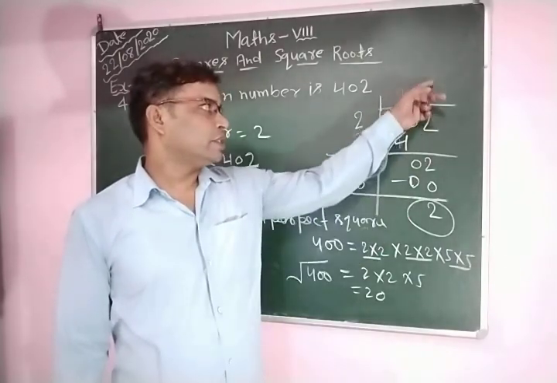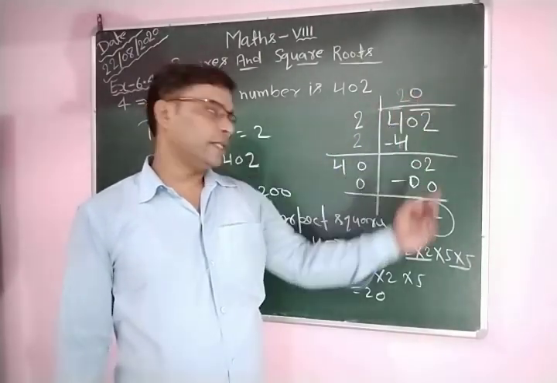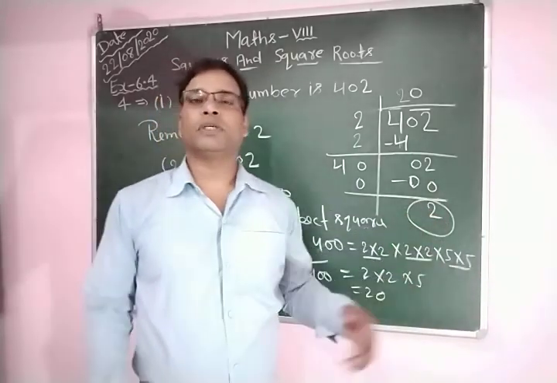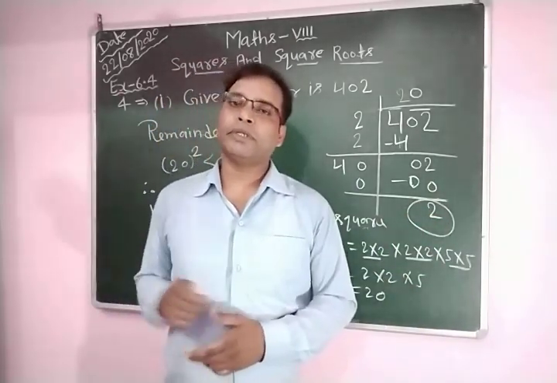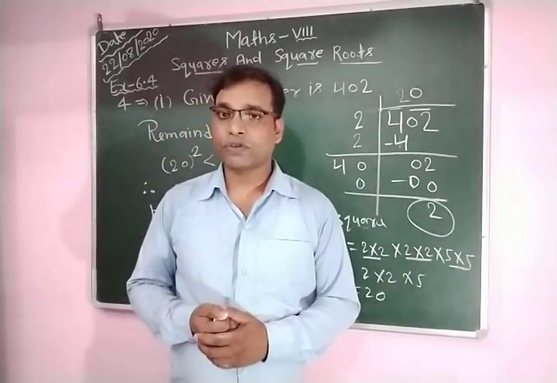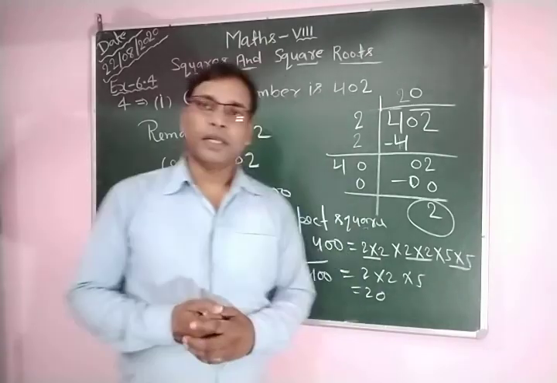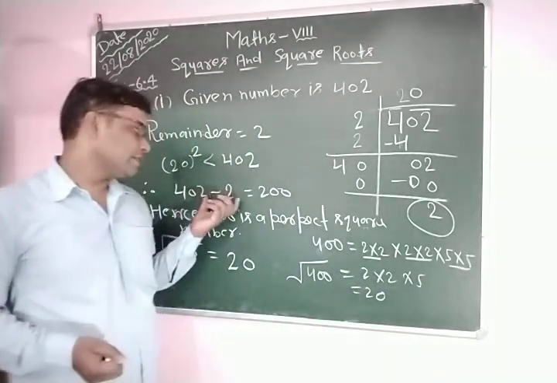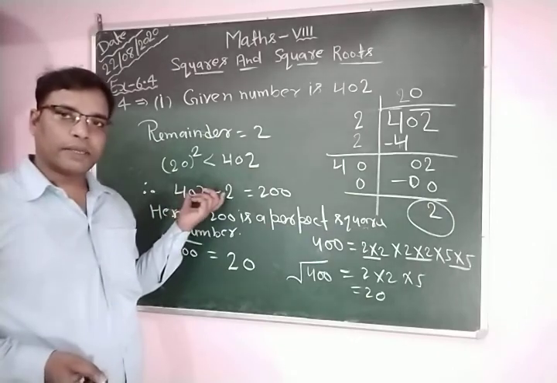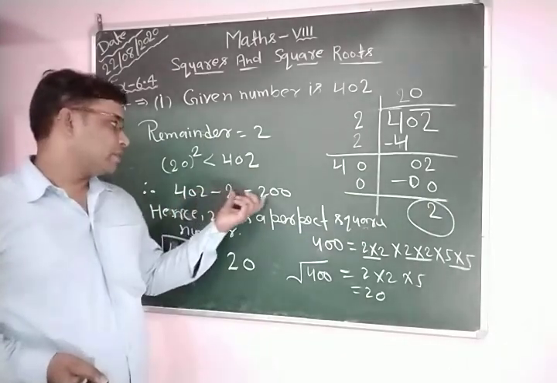Here you can see the quotient is 20 and the remainder is 2. We subtract the remainder from the given number, and then we obtain the perfect square. So we subtract 2 from 402.